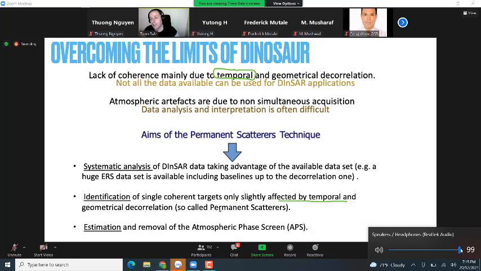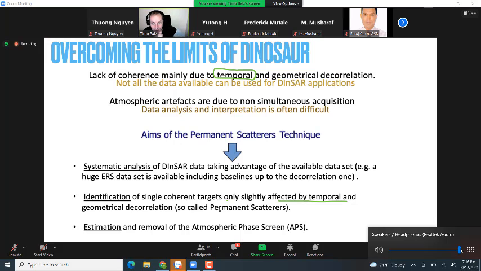So we're looking only at a subset of points, only those points that do not suffer from temporal decorrelation. So we're not really fixing temporal decorrelation. We are avoiding it by concentrating on other points.